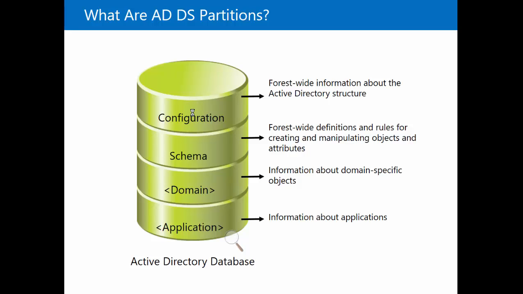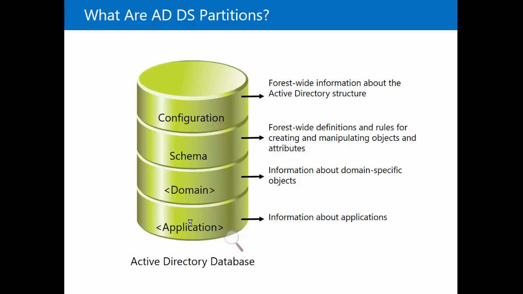So if you added an application here, can you give me an example of an application partition? What kind of information should an application partition have inside Active Directory? Any example you've already heard of? That application partition already existed as soon as we installed Active Directory on the first day. There was one application whose information was inside the application partition.